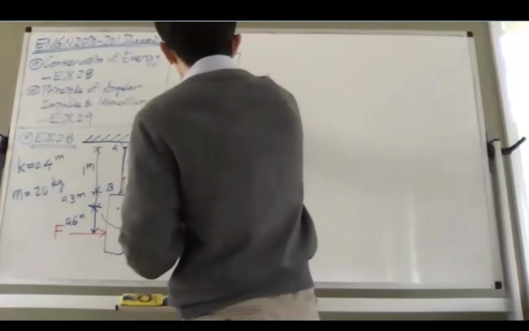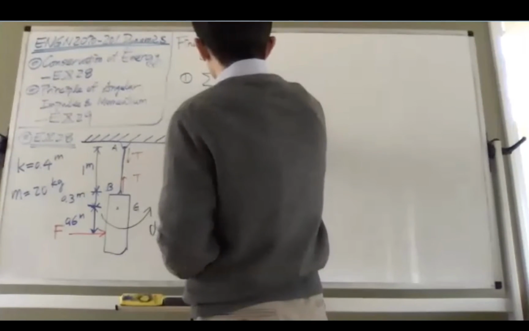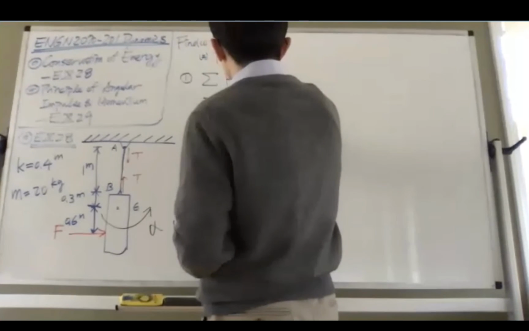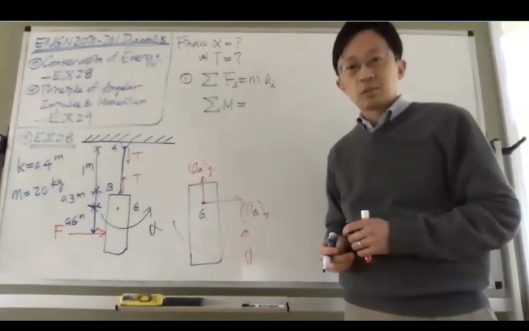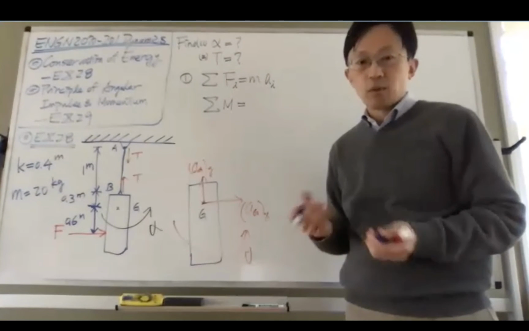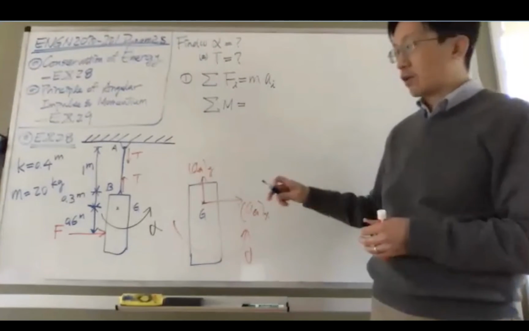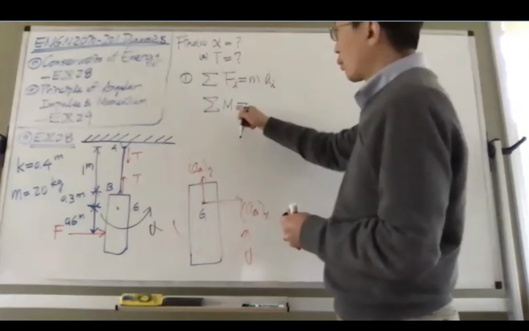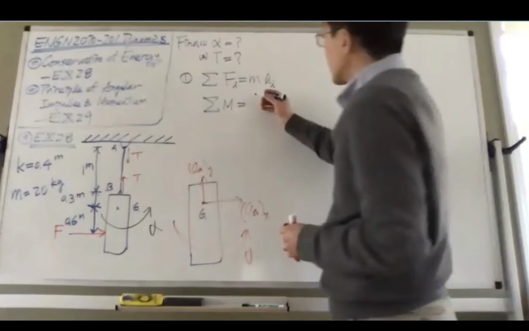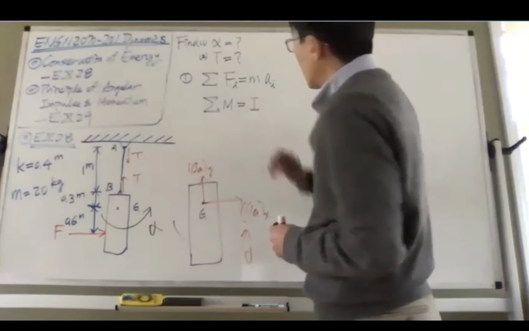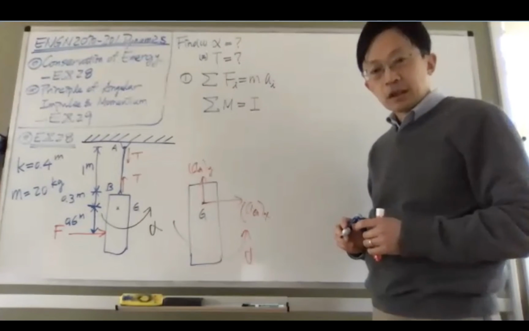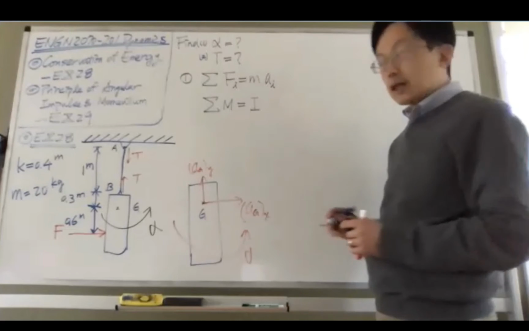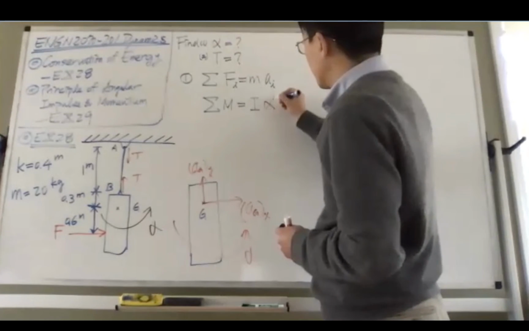And of course, for angular motion, the summation of all the moments, if we consider only two-dimensional problems, has only one direction, which is out of the plane. That's why we don't put a subscript here. The summation of all the moments must be equal to the mass moment of inertia times the angular acceleration.